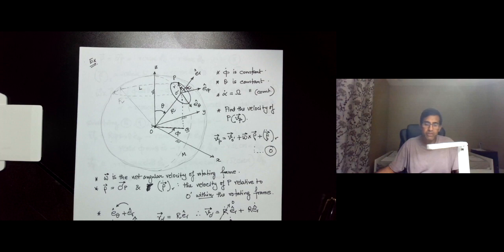Our rotating frame was a spherical coordinate frame, attached to the bar that connects the disk to the origin, and the disk was rotating on top of the rotating frame. So that's the description and solution of the velocity of the point P.